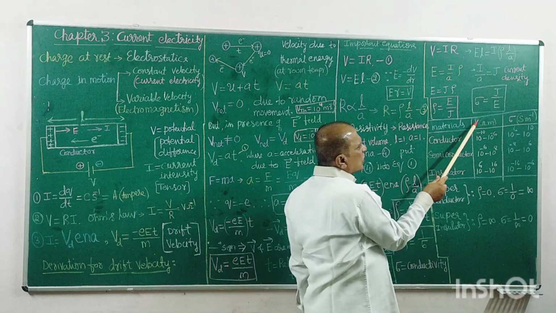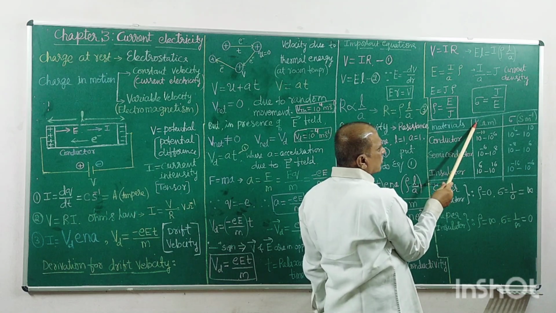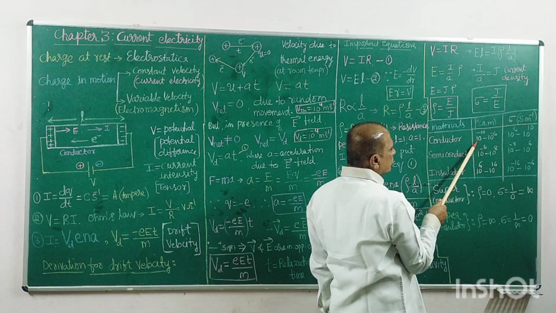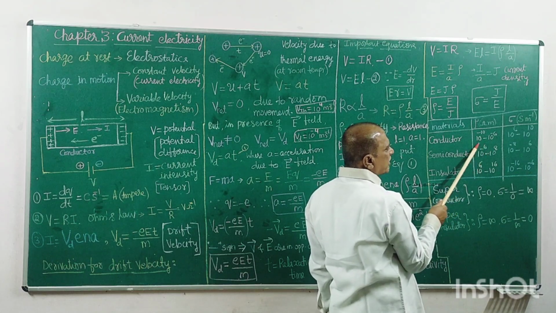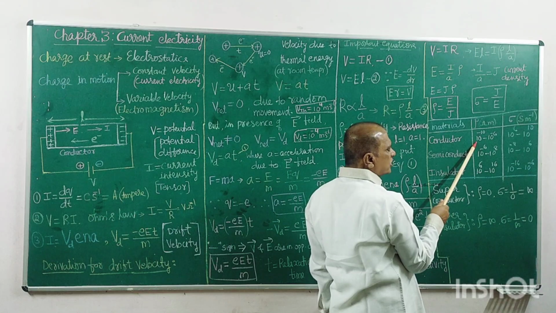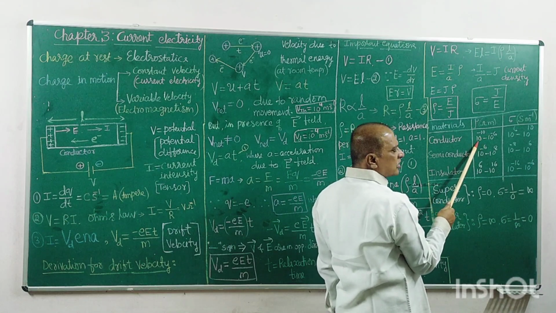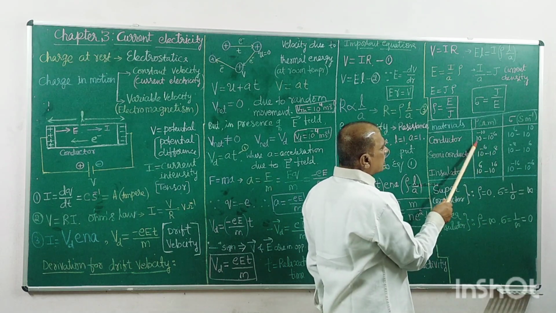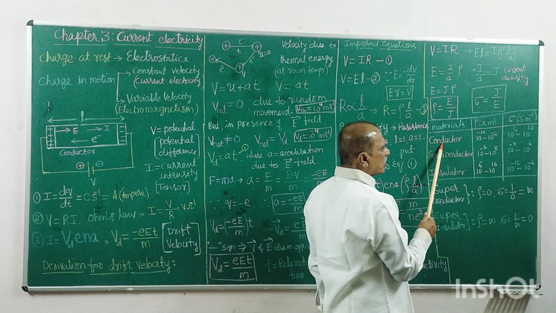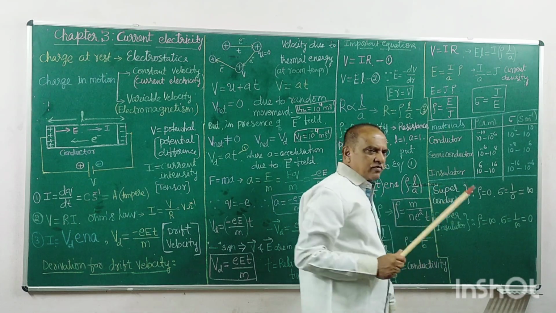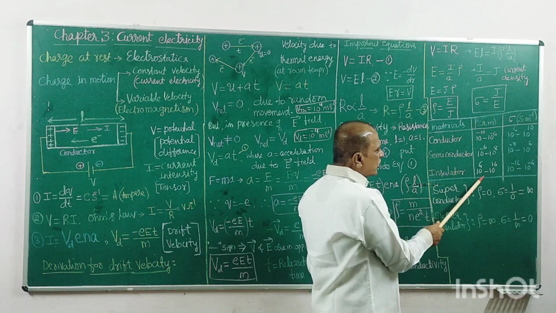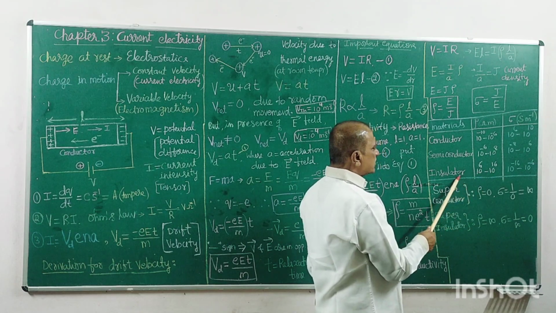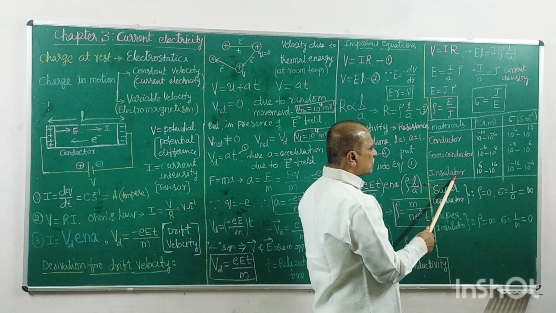That is when you find resistivity values for all the materials. If the value lies in this range, that is very low resistivity. Some materials have very low resistivity. If the resistivity values are found in this range, they are called conductors. If the resistivity values of the materials are found in this range, that is very high resistivity, they are classified as insulators.